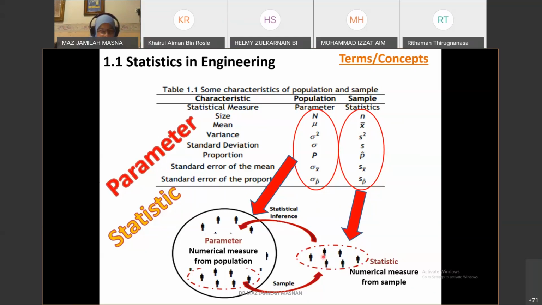No, definitely not. Because in statistics, we believe that when you choose a subset of your population, it is representative of your population. But there is a but here. In order for you to choose a sample to represent your population, there is some statistical procedure that you have to follow.